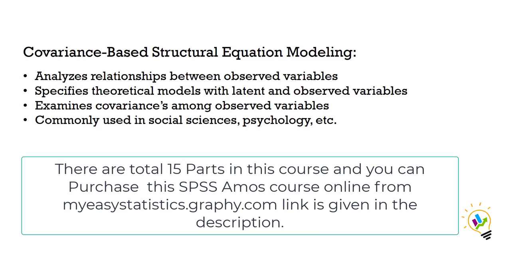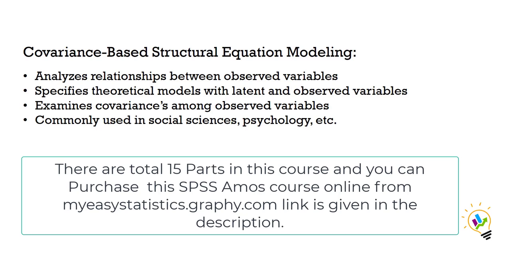We'll discuss what is observed variable or what are these unobserved variables with example once we enter into the subject. It examines covariance among observed variables. And mostly this covariance based structure equation modeling is used in social science and psychology. Lot of research is going in academic world basing on this covariance based structure equation modeling.